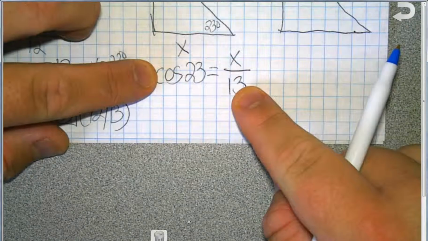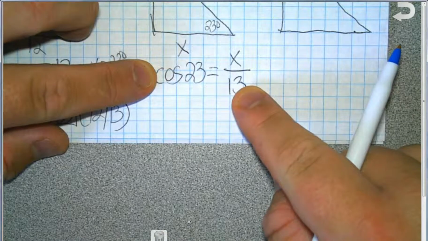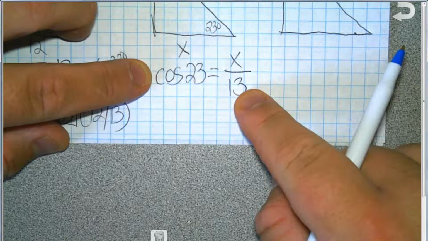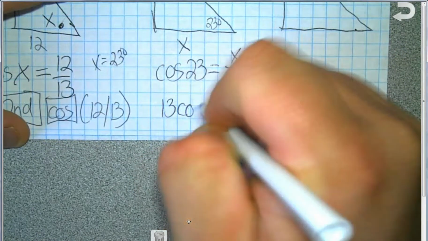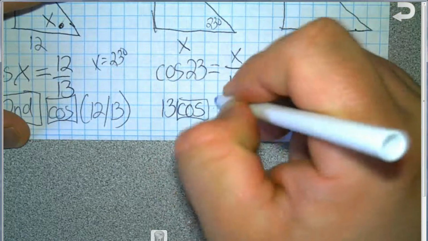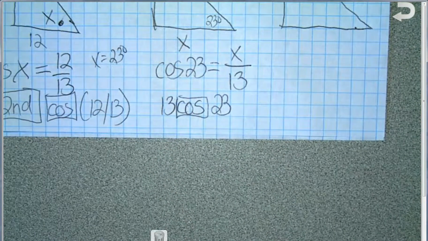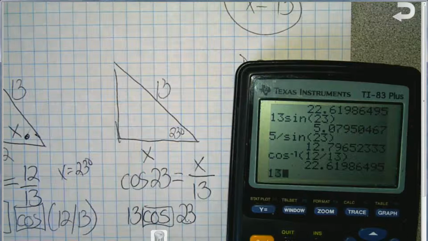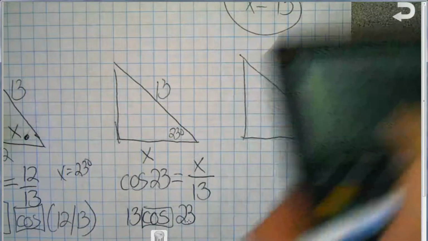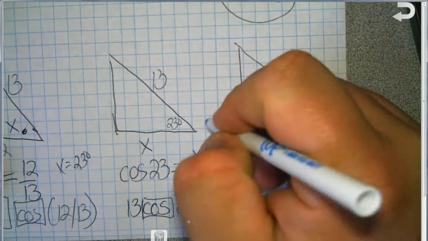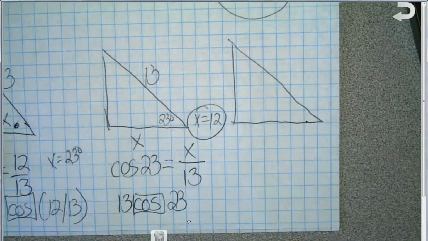We don't flip them. We multiply them. We multiply the number times the cosine of the angle. So when the x is on the top, you multiply the number times the cosine of the angle. And when we do this, we should get 12, or close to it. Well, let's check that. Can't get much closer to 12 than that.